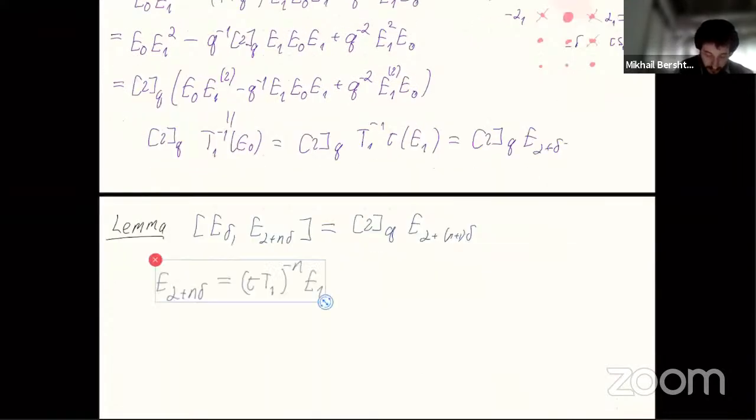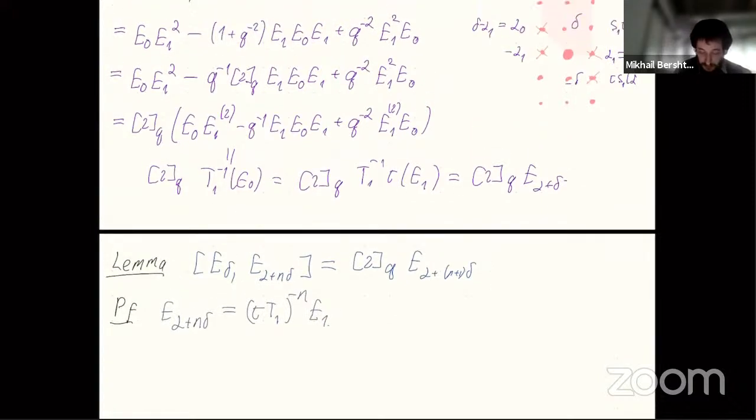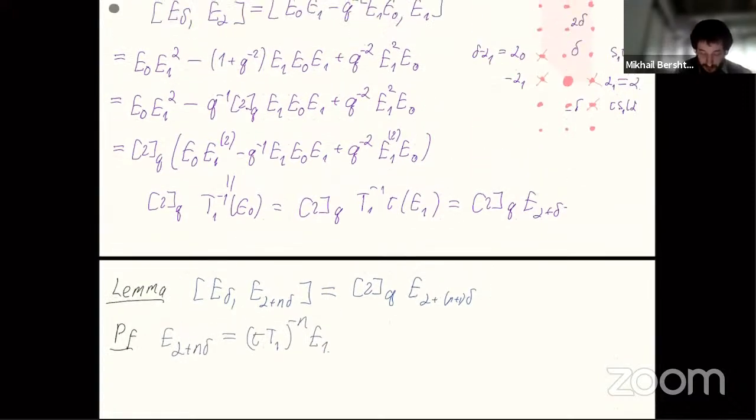So this is the definition. And now we can take the formula which we computed, the base of induction, and apply this automorphism, tau T1. This automorphism preserves E delta and shifts this n and this n by 1. Hence, we get the induction step.